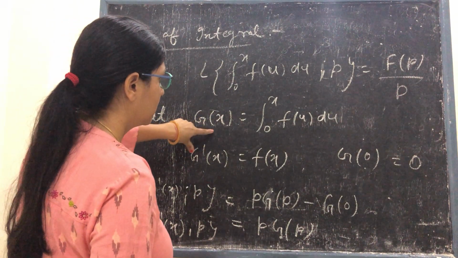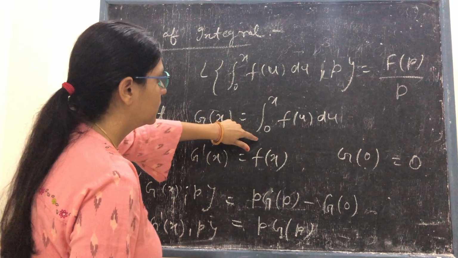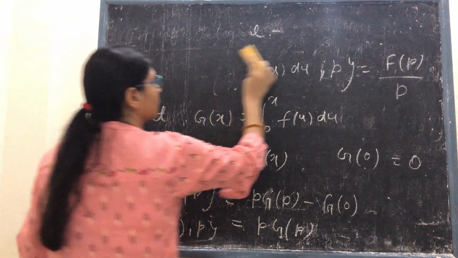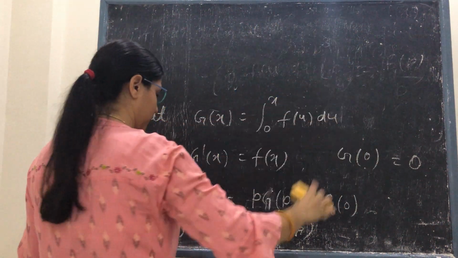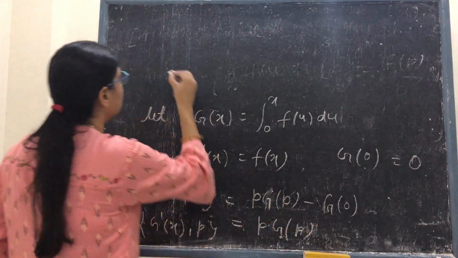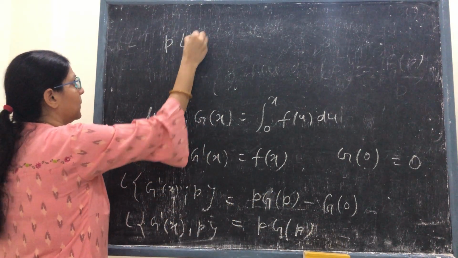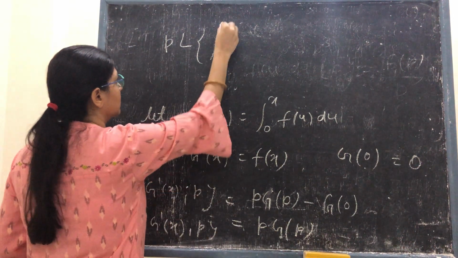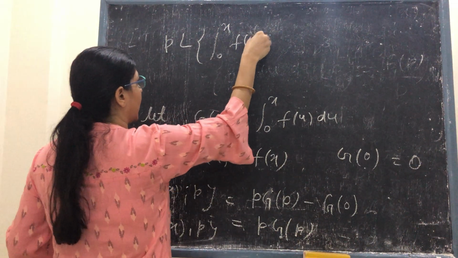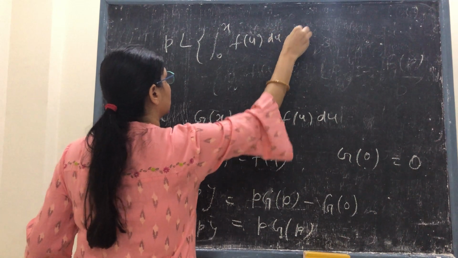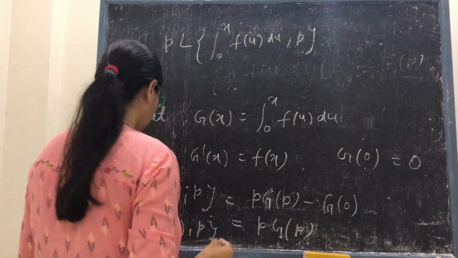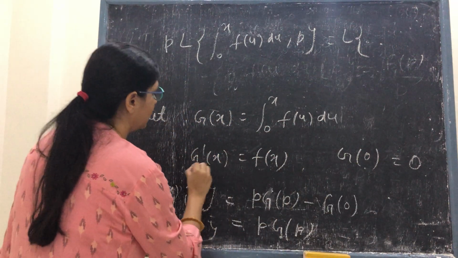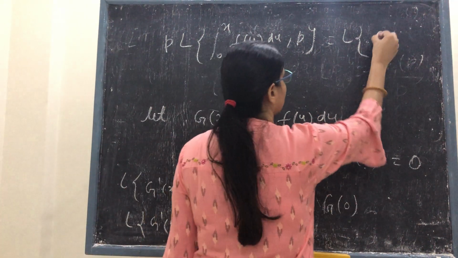Now what is our g of p? Our function g is the integral from 0 to x of f of u du. So we can write p times the Laplace transformation of g x, which is the integral from 0 to x of f of u du, equals the Laplace transformation of g dash x. Our g dash x is f of x.